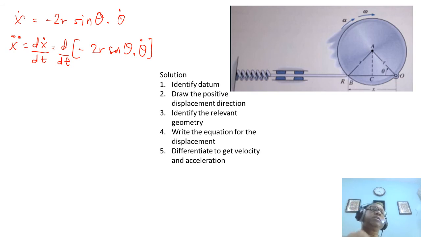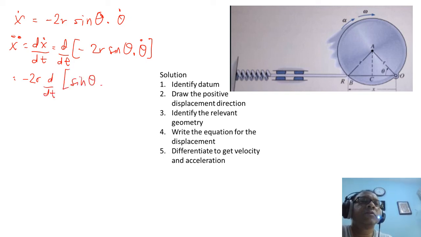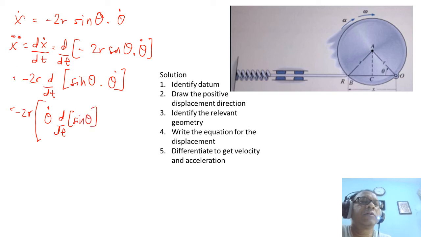So minus 2r, theta dot d over dt of sin theta plus sin theta d over dt of theta dot.